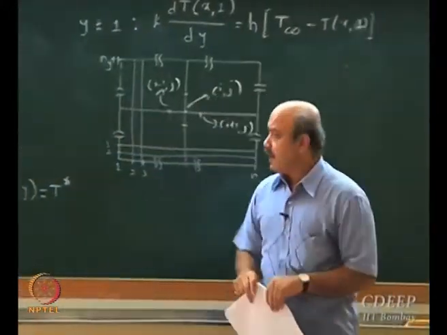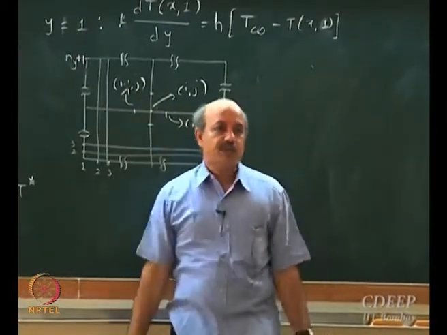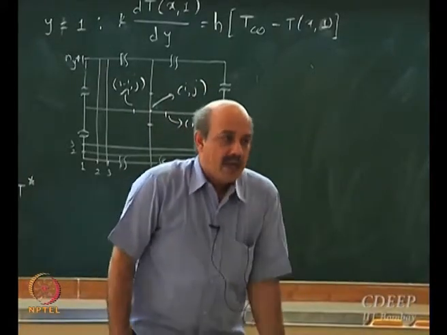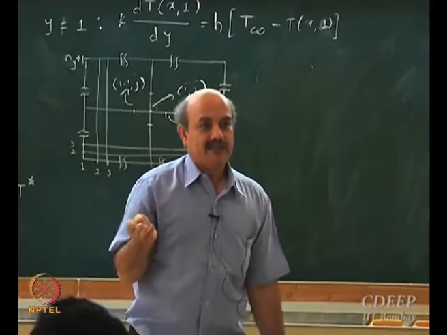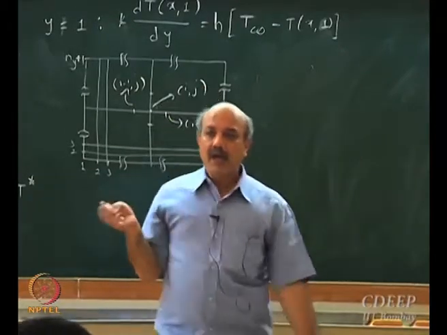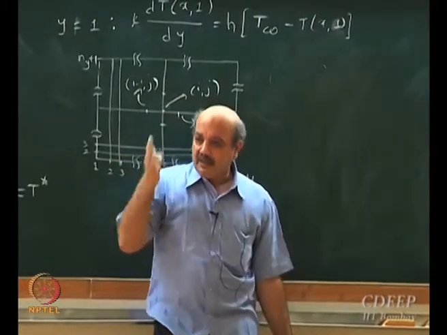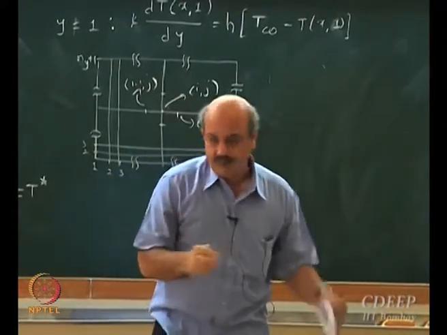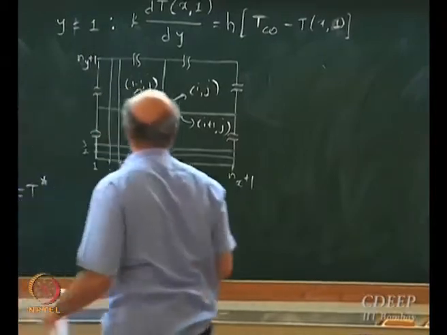Instead of discretizing in both dimensions x and y, I could choose to discretize only in one dimension, say x, and retain the differential operator in the y direction. This is another way of discretizing. So this will give me the method of lines.